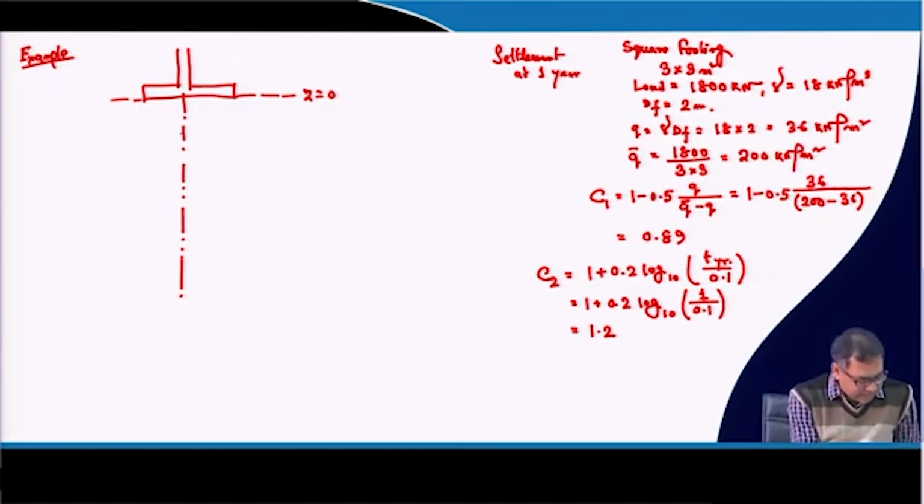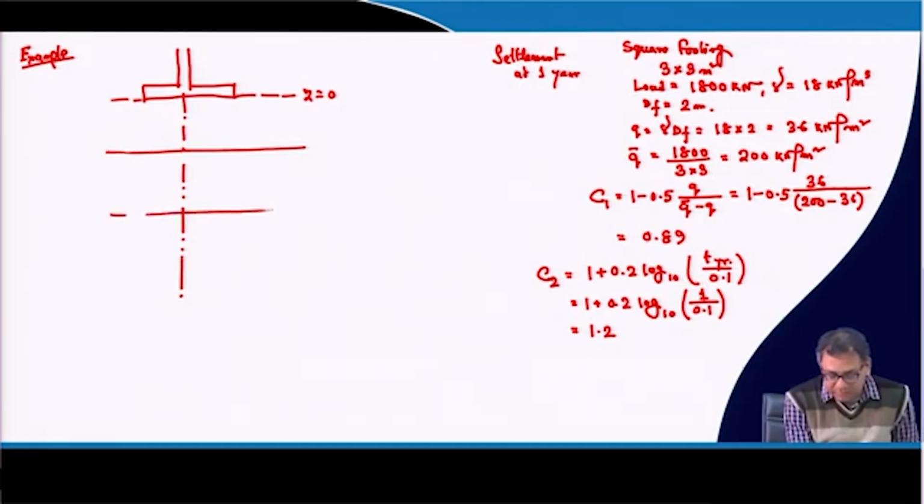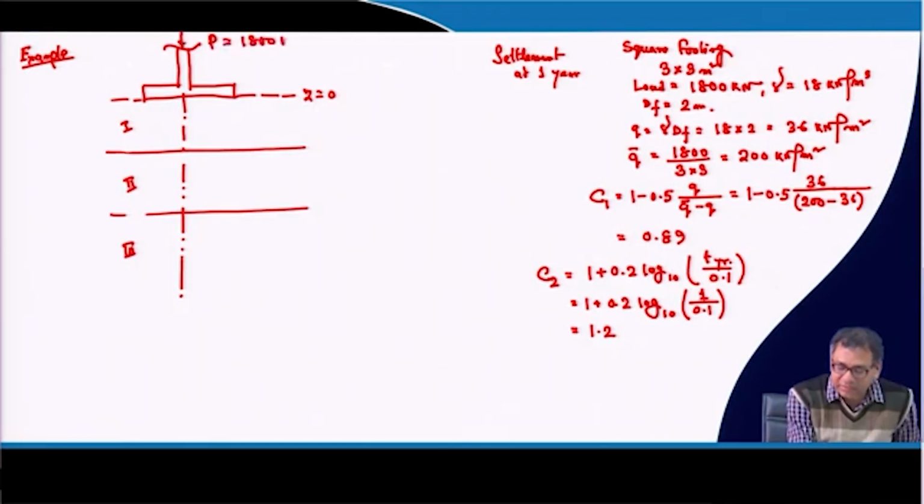This is layer number 1, this is layer number 2, and this is layer number 3. So, Df is 2 meter, and this load P is acting as 1800 kilonewton.